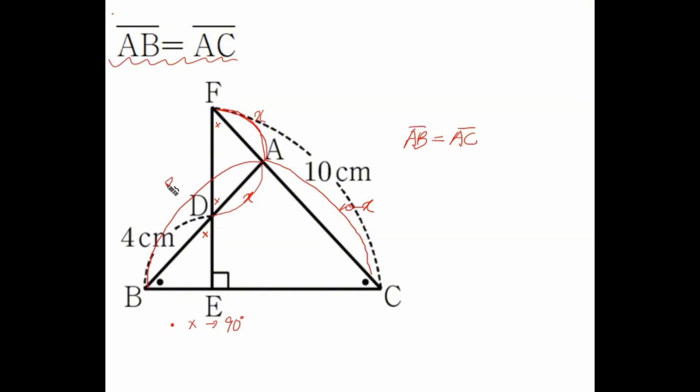Is x plus 4. So x plus 4 is 10 minus x. 2x is 6. X is 3 centimeter.